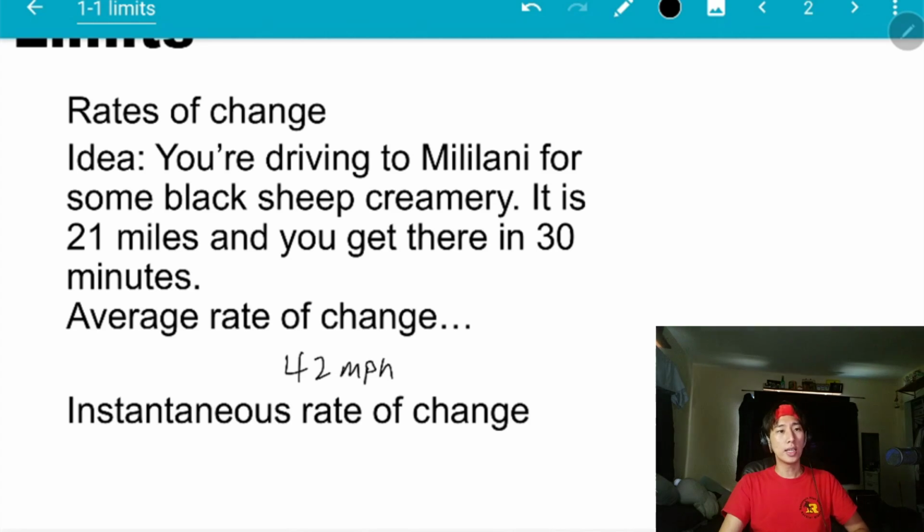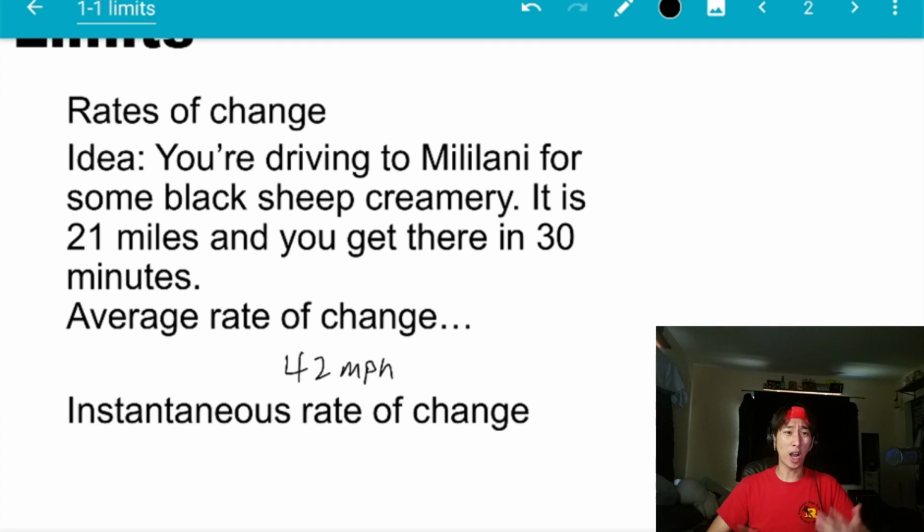Now, the thing, though, is if I ask you what's your instantaneous rate of change, the reason that's different is I might say something at 17 minutes, how fast were you going? It's not like you were going 42 miles per hour the entire way. You weren't driving 42 on the freeway, hopefully, and you weren't driving 42 right next to your house as you're pulling out of your driveway. When you're doing average rate of change, all that doesn't matter. Again, it's an average.